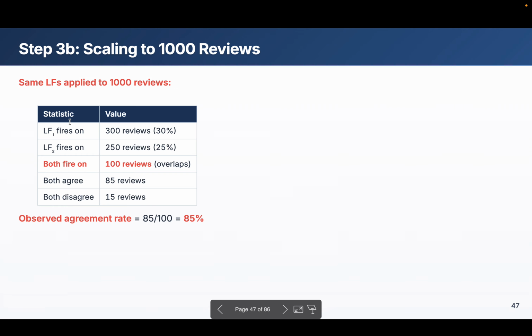So on this 1000 review data set, where we have 100 common firings or overlap, the agreement is 85%. You can see all these terms: LF1 coverage 30%, LF2 coverage 25%, overlap 100 on 1000, which is 10%, and the agreement on the overlap for these two functions is 85%.